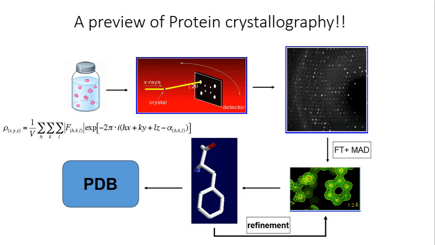Protein crystallography is a biophysical technique that is used to determine the structure of a given macromolecule. It can be either a protein or a nucleic acid or any biological macromolecule. The scientific community generally uses protein crystallography for determining the structure of many different biomolecules.